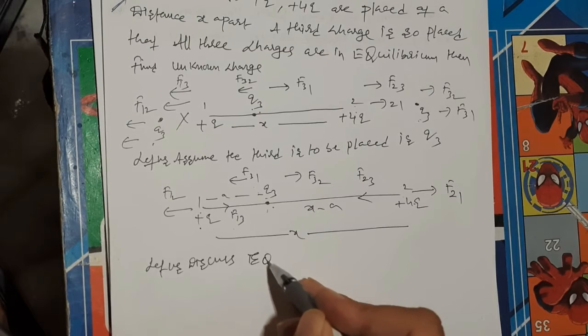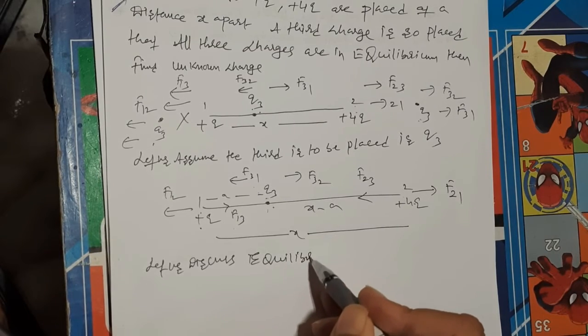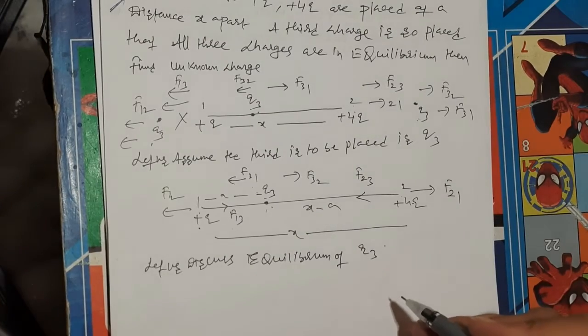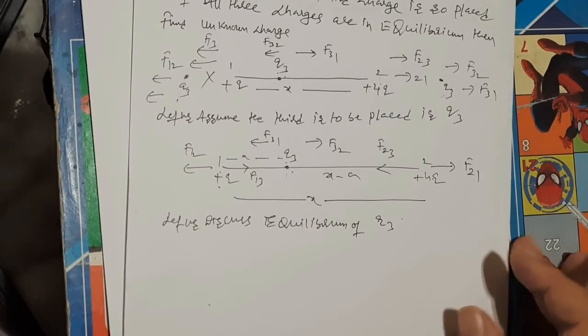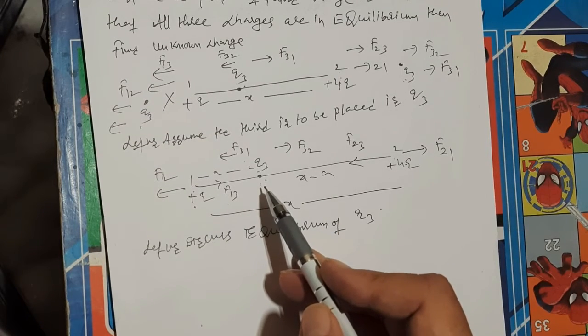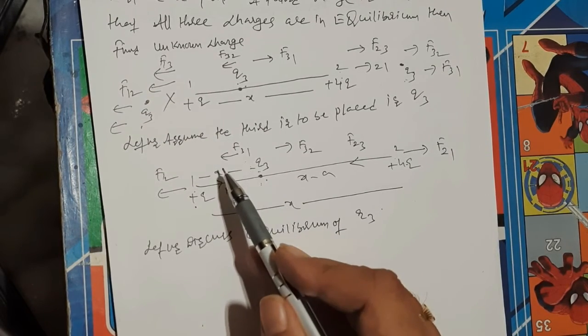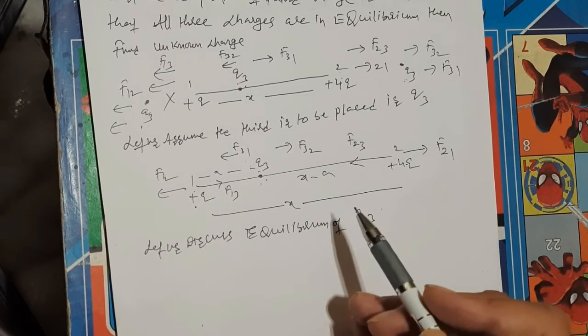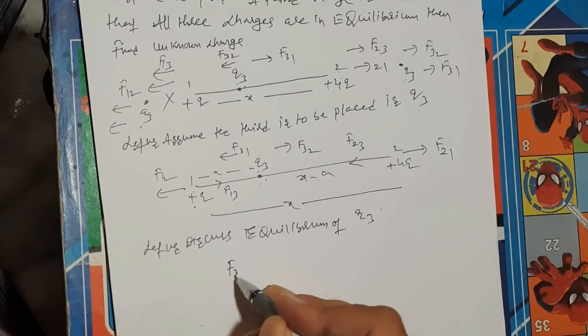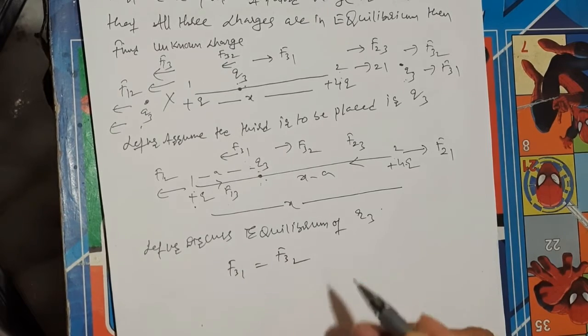Now, let us discuss equilibrium of Q3. Right. What are the forces acting on the Q3 charge? F31 along this direction, F32 along this direction. So first of all, F31 is equal to F32.